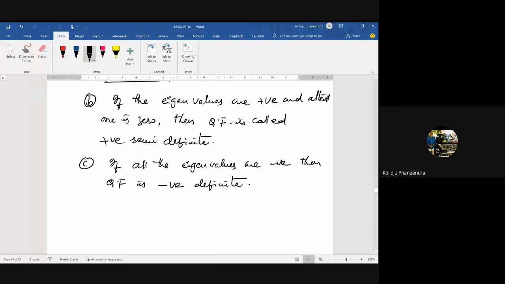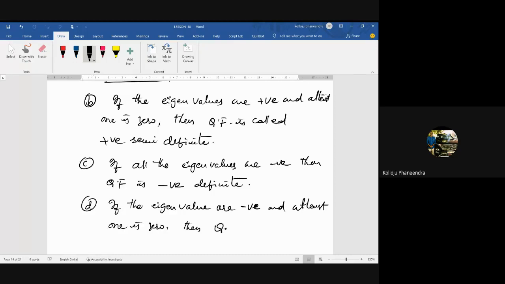Next one, D: if the eigenvalues are negative and at least one is 0, then the quadratic form is called negative semi-definite.